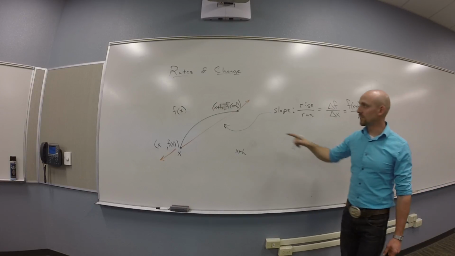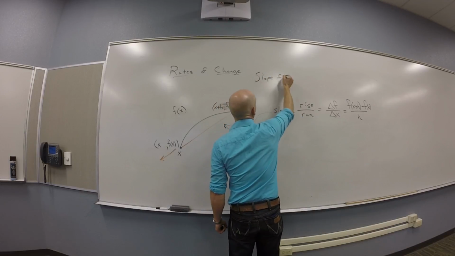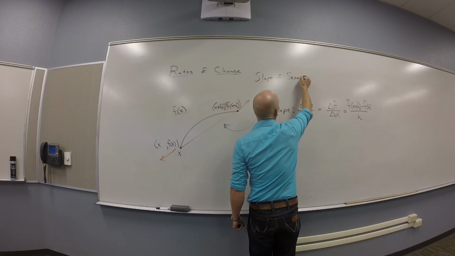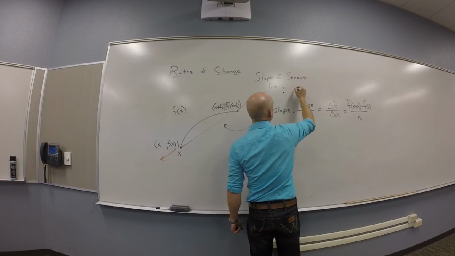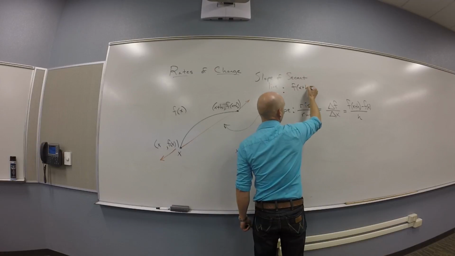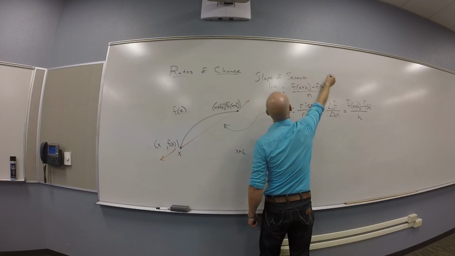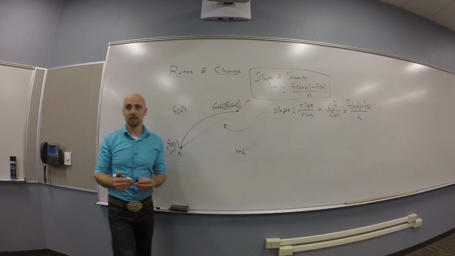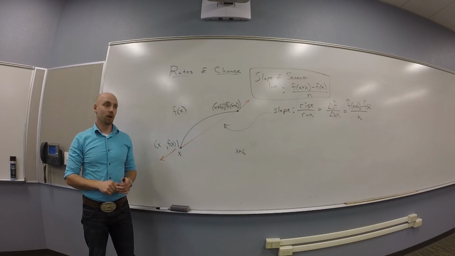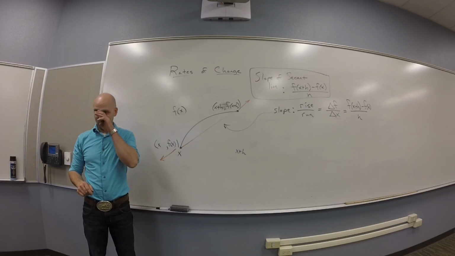So our slope of a secant line is f of x plus h minus f of x all over h. That should go in your head. Or your nose.